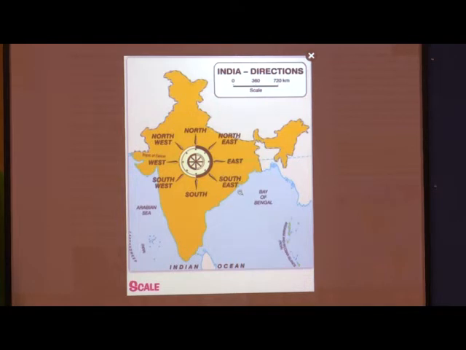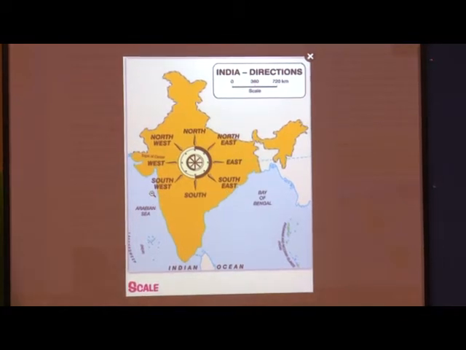Here it is north and east, so northeast. South and west, so it is southwest. We have four main directions: north, south, east and west. We have four sub directions: northwest, northeast, southeast and southwest. Exactly between south and west is southwest.